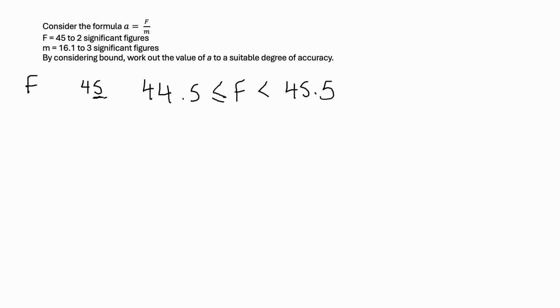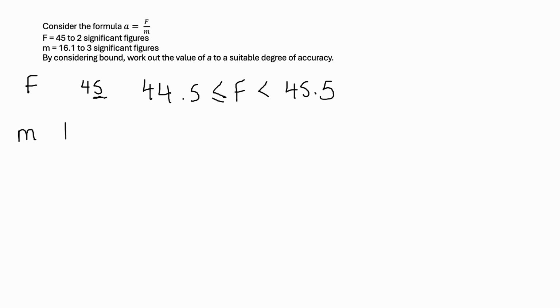Because if we round 44.5 to two significant figures, we get 45. If we round 45.5 to two significant figures, we get 46, meaning that our number for F has to be less than that.